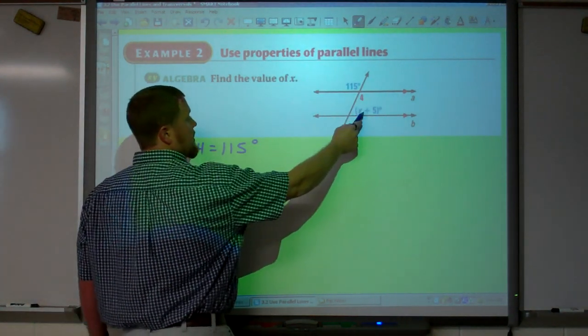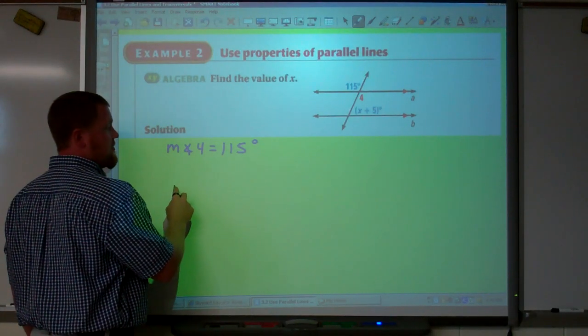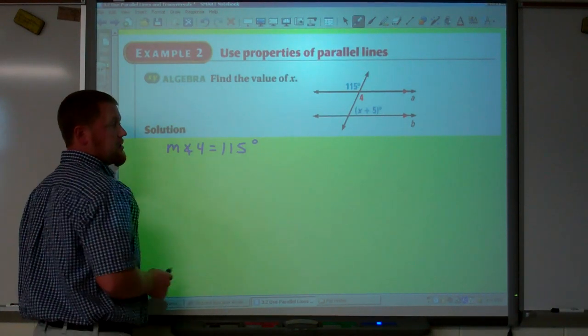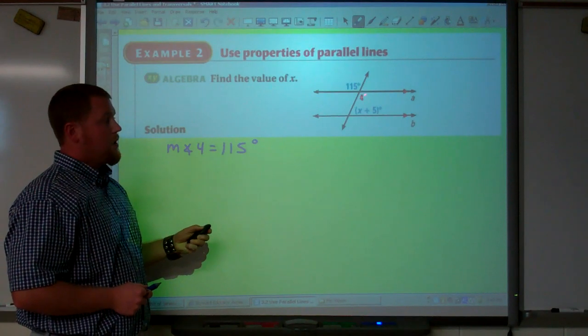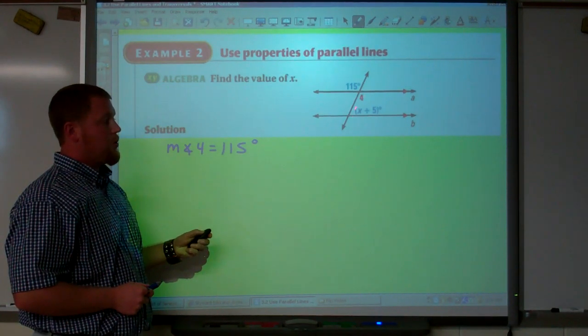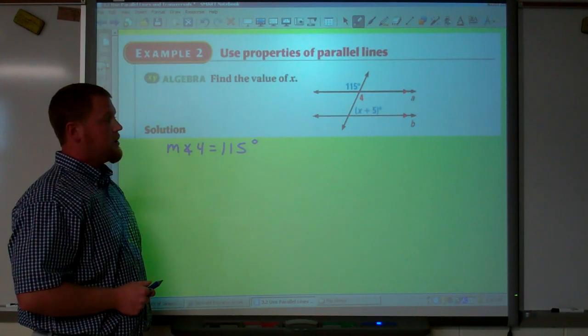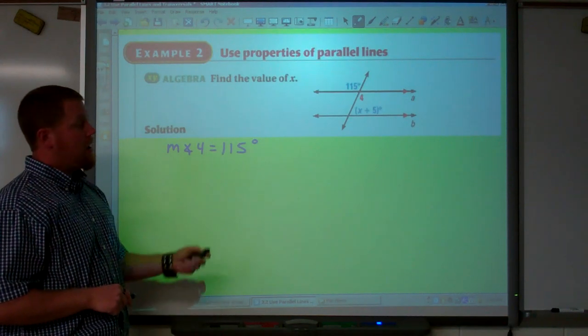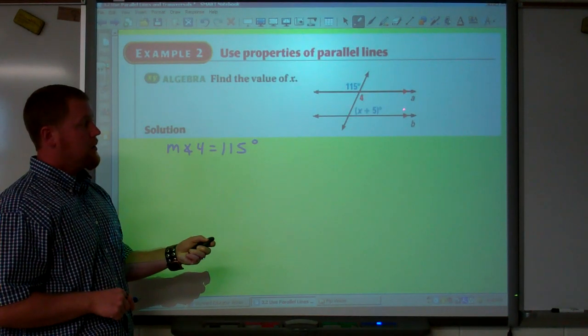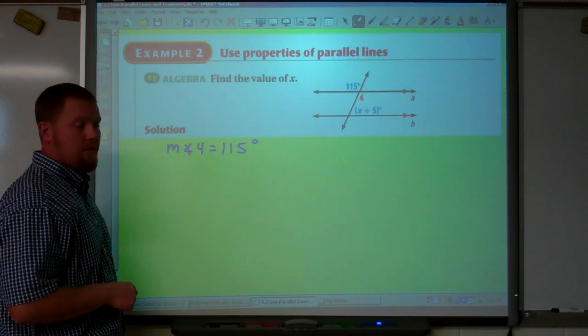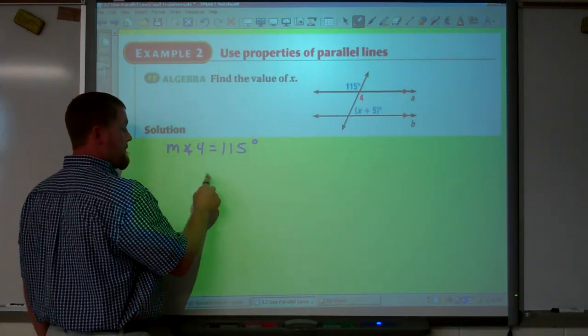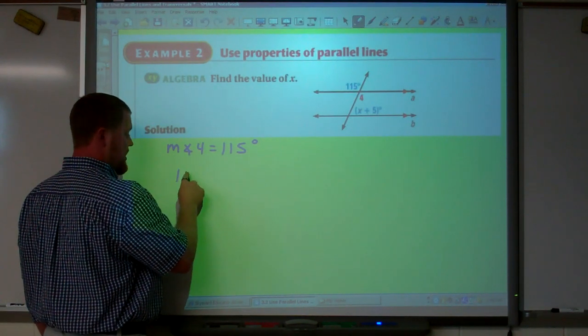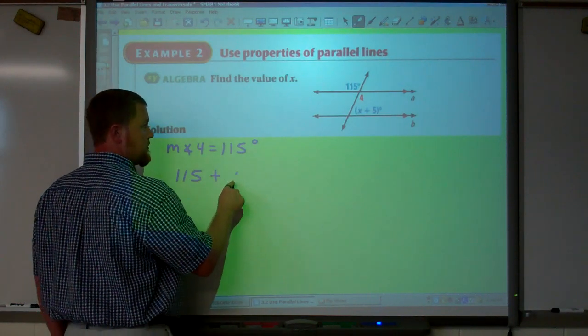Now, angle 4 and x plus 5 are consecutive interior angles. They're on the same side of the transversal, they're both interior angles, and they're non-adjacent. And when we have parallel lines, consecutive interior angles are supplementary, meaning they add up to equal 180 degrees.